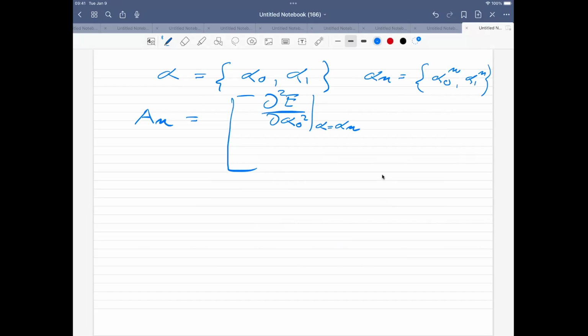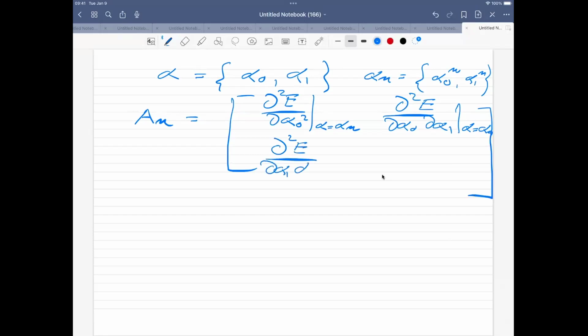And then I have the cross terms. So I have the second derivative of E with respect to alpha 0 and alpha 1. And this is again evaluated at this set of values, alpha of n. I'm just putting up a matrix here. And then I have the other cross term where I have d alpha 1, d alpha 0, evaluated at alpha equal to alpha of n.